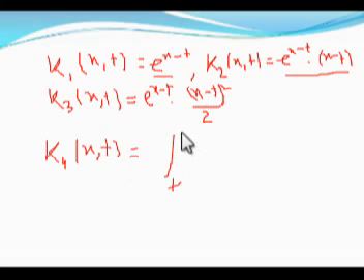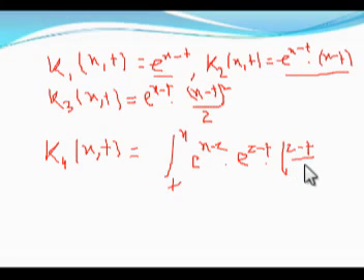Here will be e to the power x minus z, and here will be e to the power z minus t, and the integration of z minus t whole square by 2.